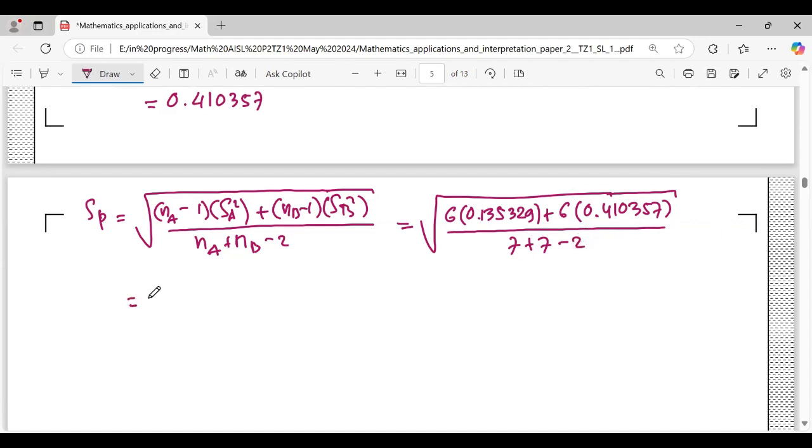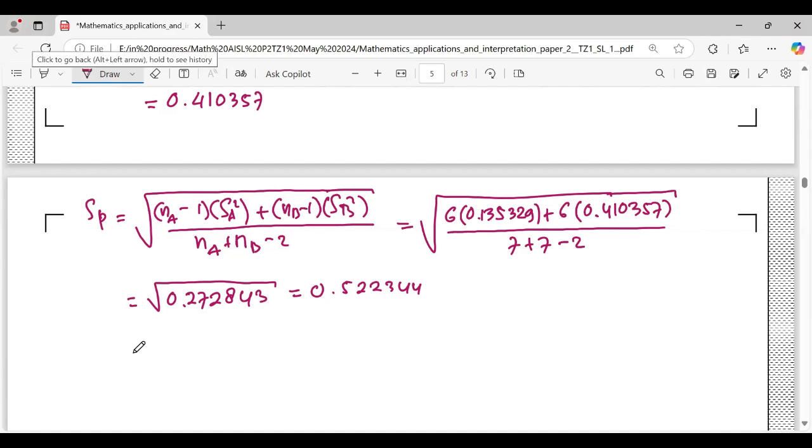And the result is the square root of 0.272843. The result is 0.522344, to 6 decimal places.